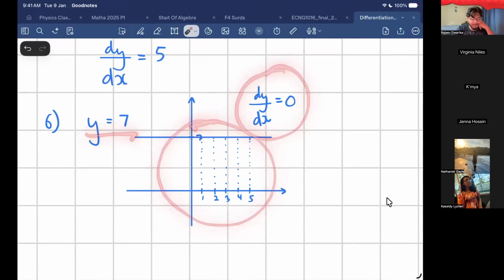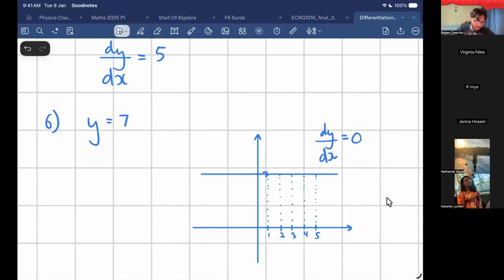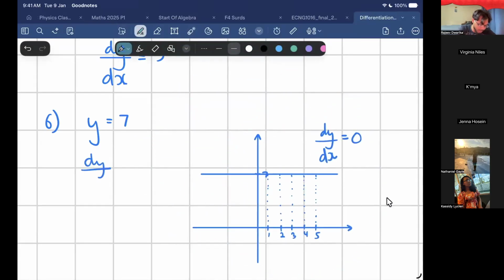Alright, so dy/dx is equal to 0 for a constant because, based on this graph, if you look at all the x values on the graph, the corresponding y value is always 7, meaning that the change in y with respect to x is going to be 0. So long story short, if you differentiate a constant, it's just 0.